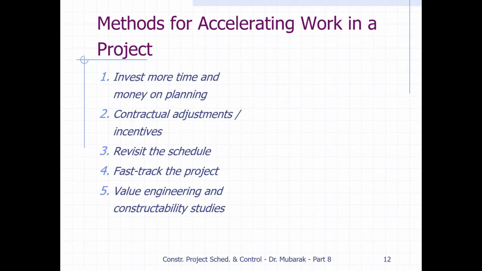This is constructability or buildability: we should build fast if we have standard elements. Like for the metro project, every column size is the same, the viaduct shape is the same. When we have these standard things, we can do the construction fast. So we can apply constructability or buildability ideas in the design phase so that we can do construction on a fast track basis, or industrialization. We can bring precast elements wherever possible.